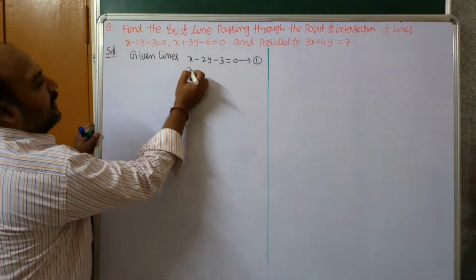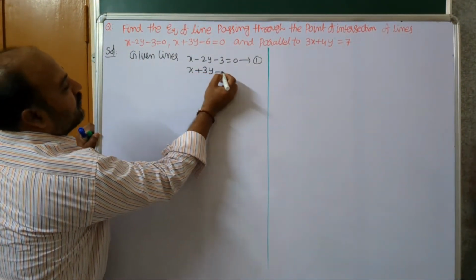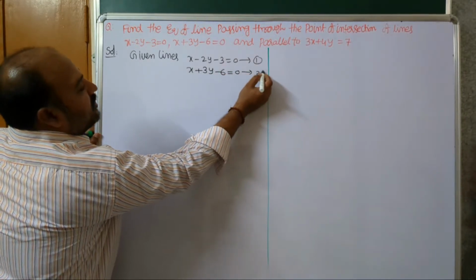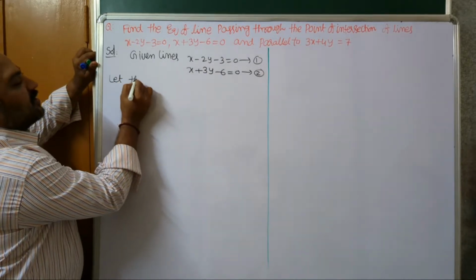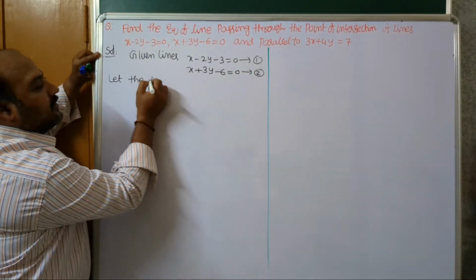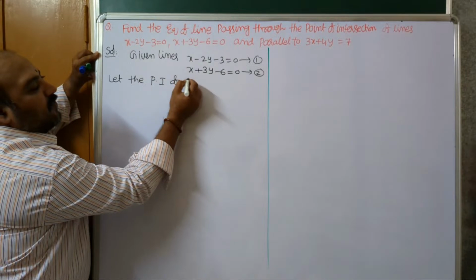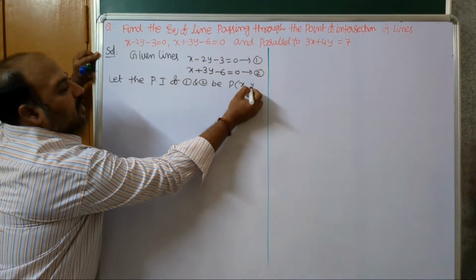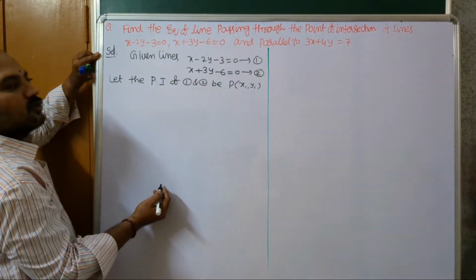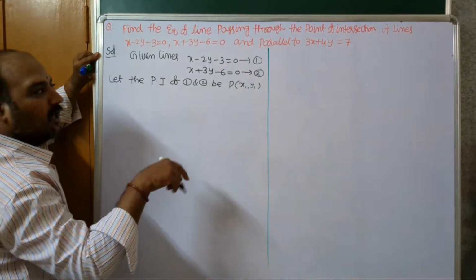Next, the second line, x plus 3y minus 6 equal to 0, equation number 2. Let the point of intersection of 1 and 2 be P of x1 y1. In the previous question I did not write this.